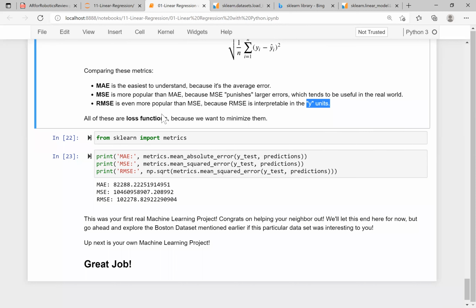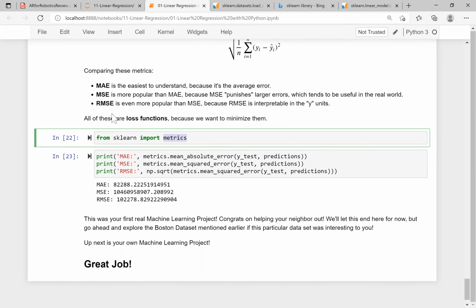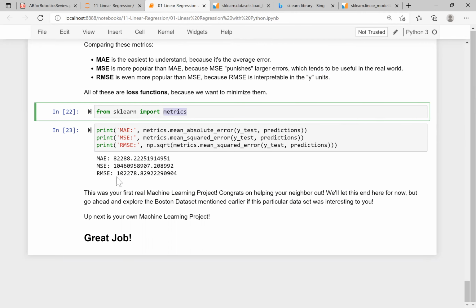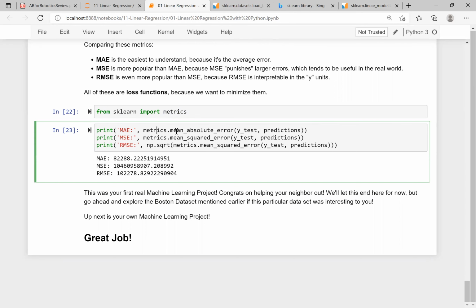So we can directly import these metrics from sklearn and use them to print my results. I will import metrics from sklearn, and I can print metrics.mean_absolute_error on y_test and prediction.